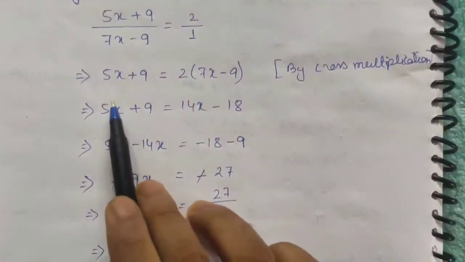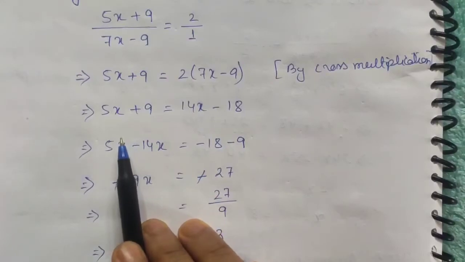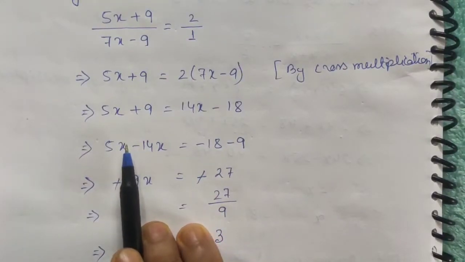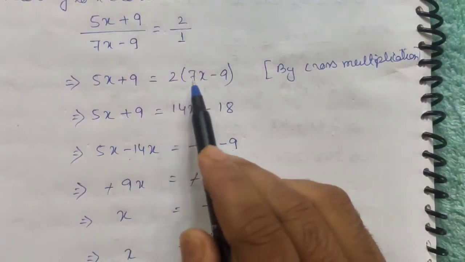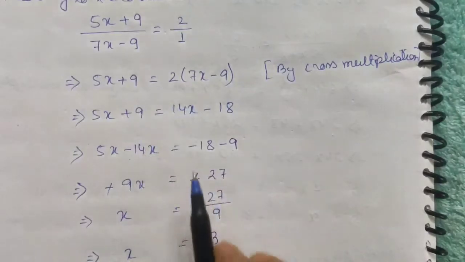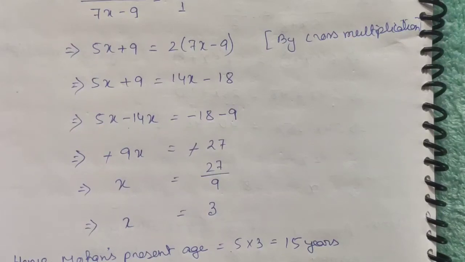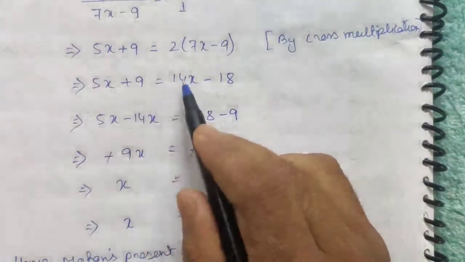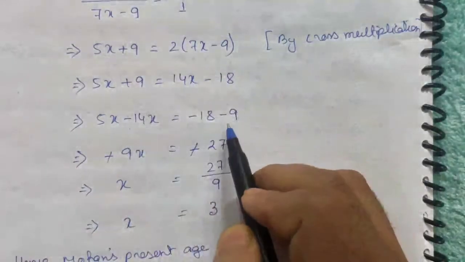So 5x plus 9 we have multiplied with 1. Anything multiplied with 1 remains itself, right? So 2 into 7 is 14x, minus 2 into 9, that is 18. So again we have to bring the variables to one side and constants to the other side, right? 14x, as it is plus, becomes minus, and 9, as it is plus, also becomes minus.